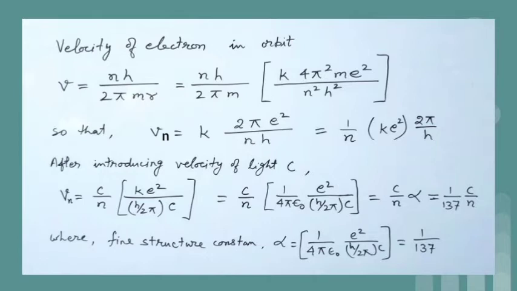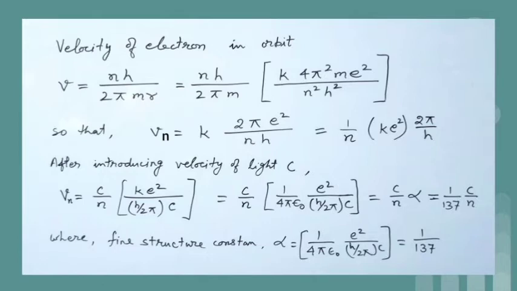The value of the expression (1/4πε₀) e²/((h/2π)c), which is denoted by α, known as the fine structure constant, is 1/137. So that vₙ = (1/137)(c/n).